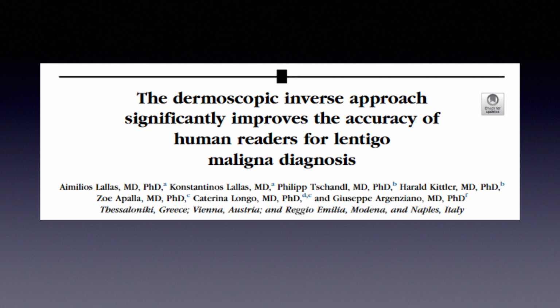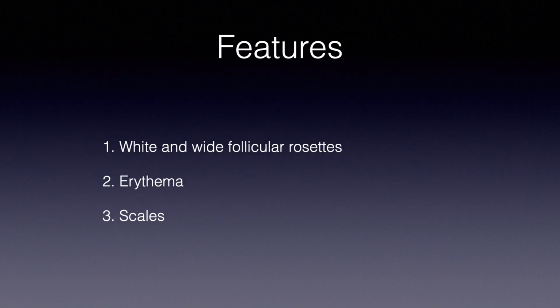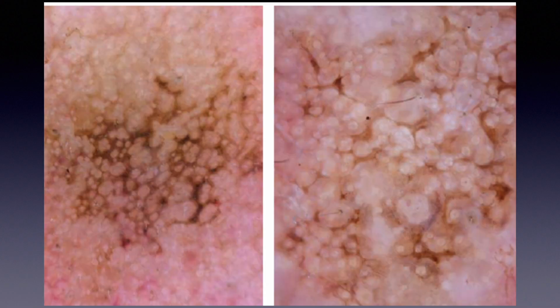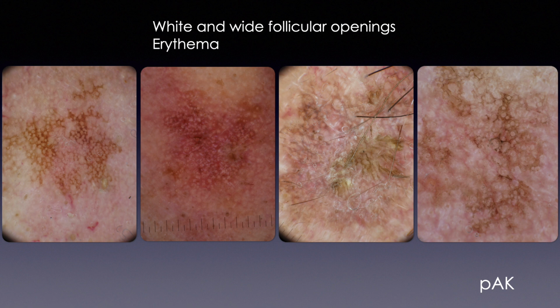In this paper, there are six features that are important for us to know how to recognize. Those are white and wide follicular openings, rosettes, which are these flower-like structures, erythema, and scales, all correlated with pigmented actinic keratosis.